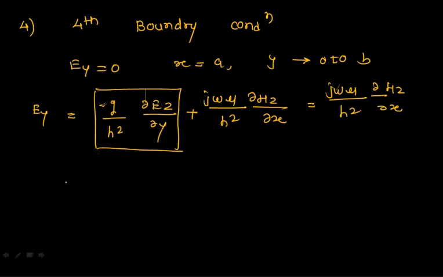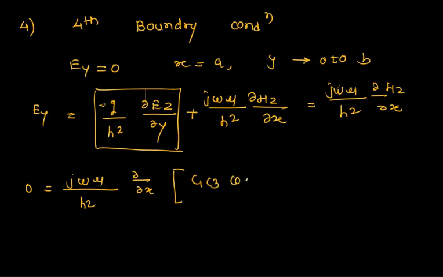Now we are going to write down the equation which we have already derived, equation number 2. So this is d by dx of C1 C3 cos of bx and cos of ay. Okay. Now we know that Ez is equal to 0 and Hz is nothing but C1 C3 cos of bx cos of ay. So if I'm interested in Ey, the equation will become this kind of thing.